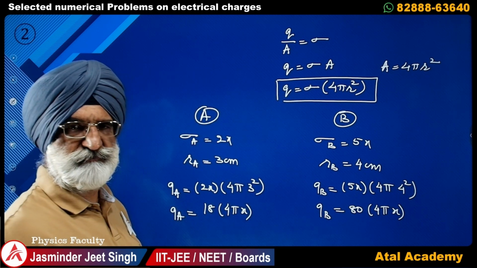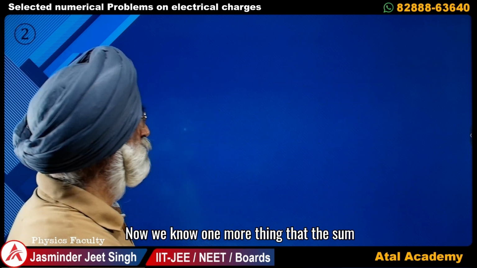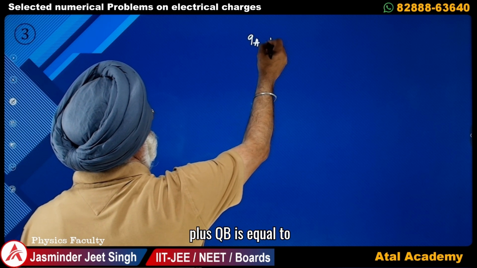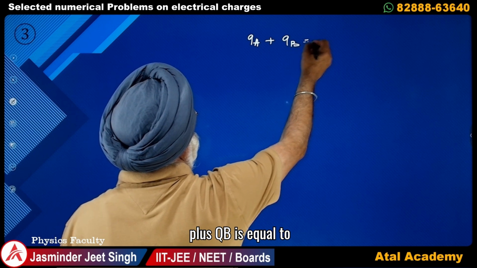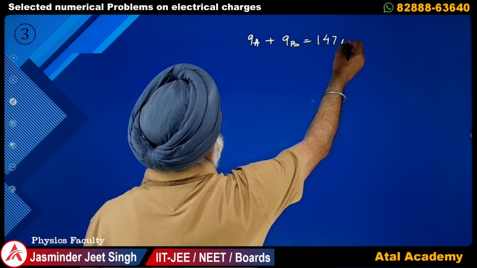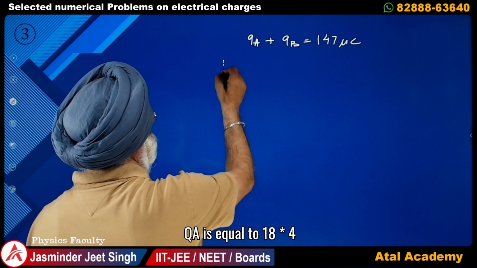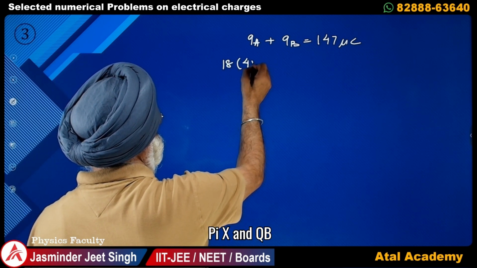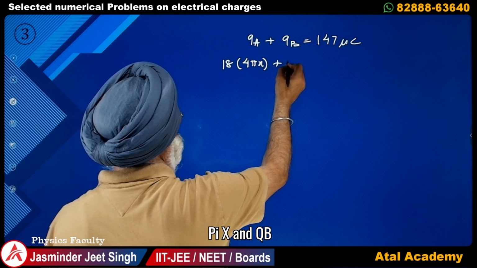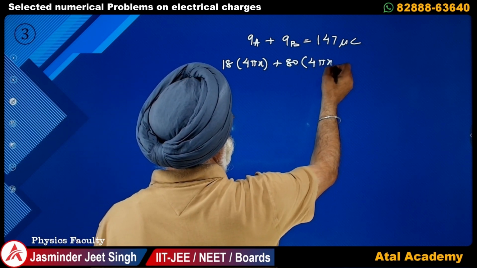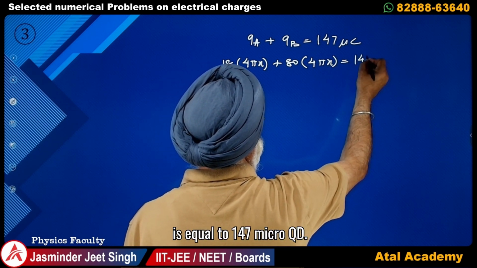Now we know one more thing, that the sum of the two charges QA plus QB is equal to 147 microcoulomb. So 18 into 4 pi x plus 80 into 4 pi x is equal to 147 microcoulomb.